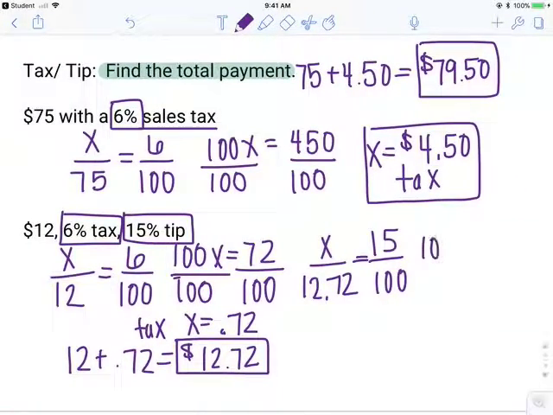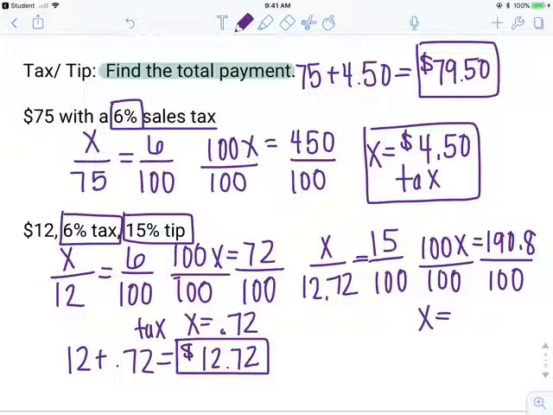I cross multiply, get 100x. I do $12.72 times 15, and that gives me 190.8. I divide by 100 on both sides. This is going to tell me my tip from my total. So I take 190.8 divided by 100, and sorry, I'm doing this on my calculator as I go, it tells me that my tip is 1.908.